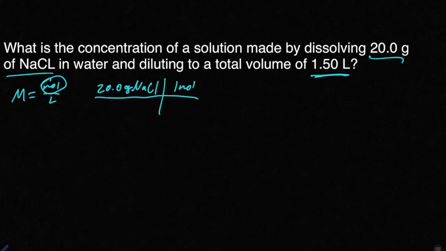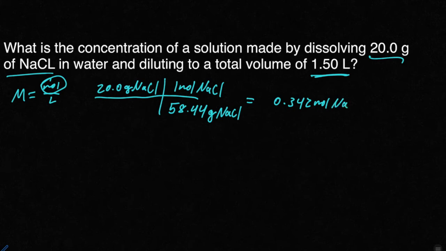1 mole of sodium chloride is equal to 58.44 grams of sodium chloride. So how many moles do we have? We have 0.342 moles of our solute, sodium chloride. Now we can plug this into our molarity equation.